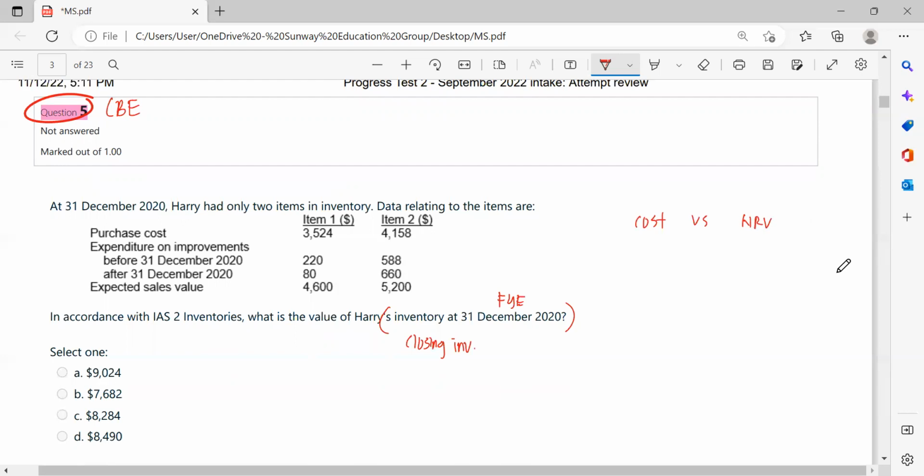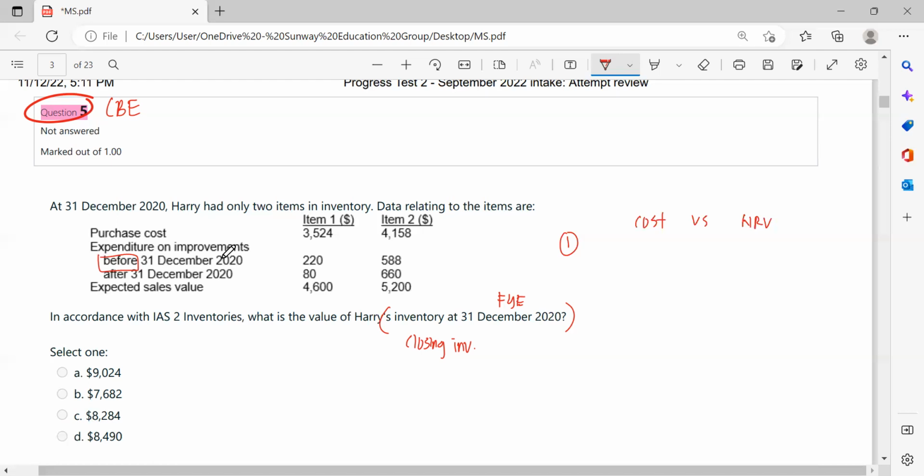So in this case, let's compare item 1 first. Item number 1, purchase cost 3524. This is definitely cost already. Expenditure on improvement before the financial year end. What does it mean? Meaning before it becomes your closing inventory.